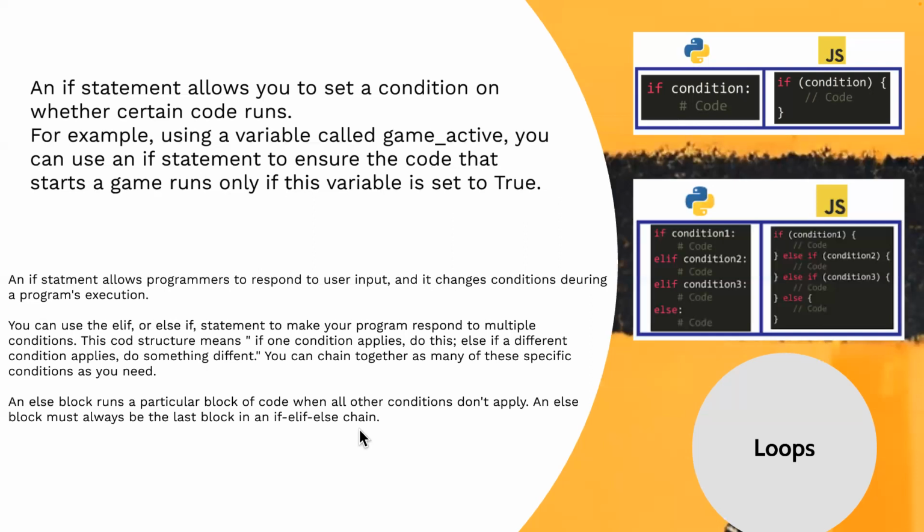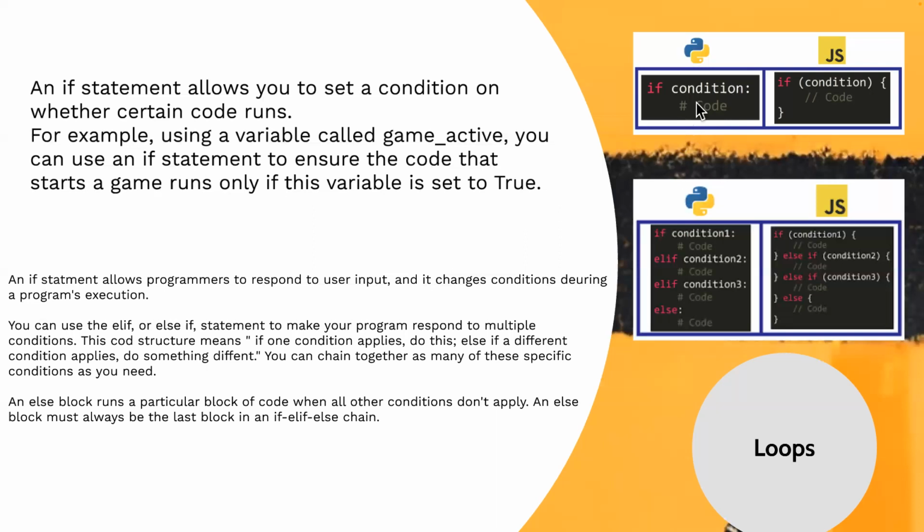As we see in this upper right-hand corner, in JavaScript we would write the code with curly brackets and the condition within the parentheses. In Python, all we have to do is say if, write the condition, and then write a colon at the end. And remember, the way the Python interpreter knows that you are writing code for this if statement is by the indentation.